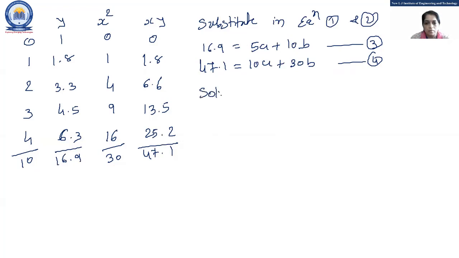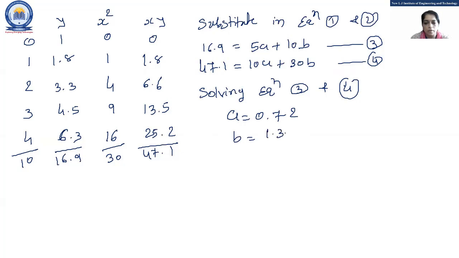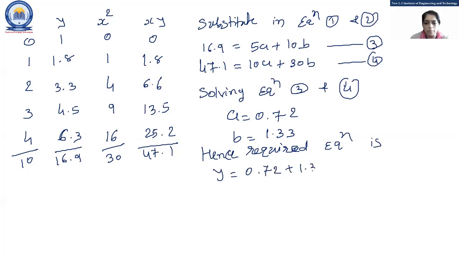Solving equation 3 and 4, we get a equal to 0.72 and b equal to 1.33. Hence, the required equation is y is equal to 0.72 plus 1.33 into x.